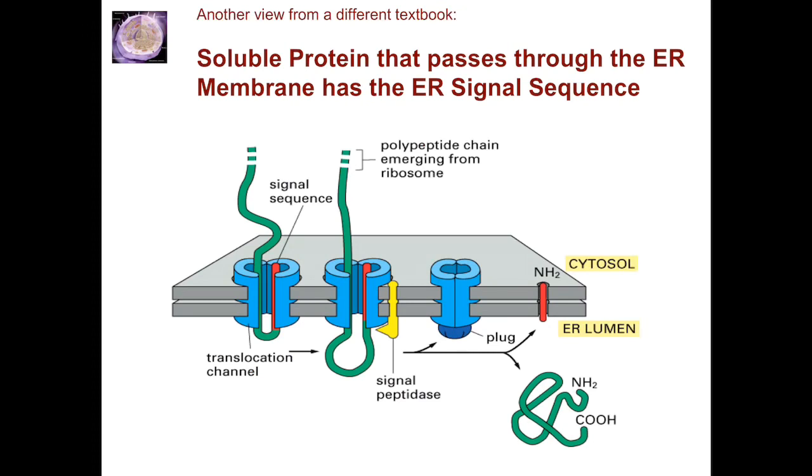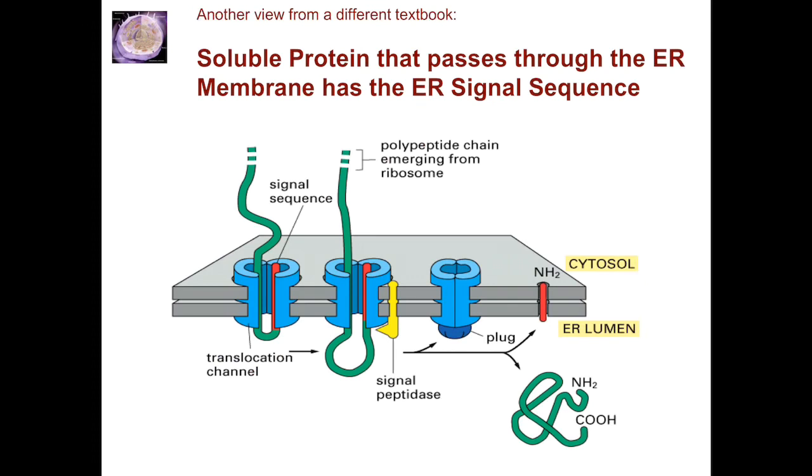So this is another view from a different textbook. In this case, the red is the ER signal sequence and the green is the polypeptide. And you can see the blue is the translocation channel. And so what we're trying to do is make a protein that comes to the ER and then falls through and stays in the ER lumen for a little while.